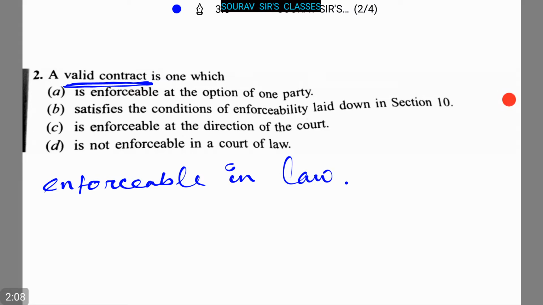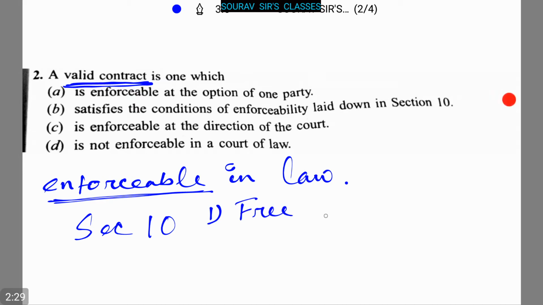The conditions of enforceability, that is legal validity, as stated in section 10, are: first is free consent, that both the parties must have free consent of the contract.